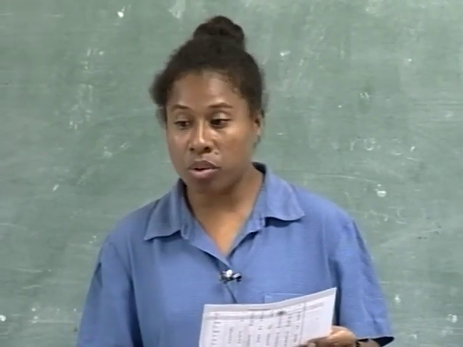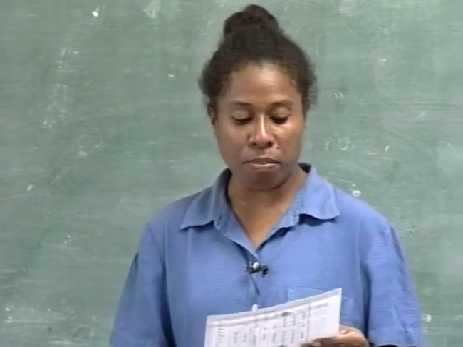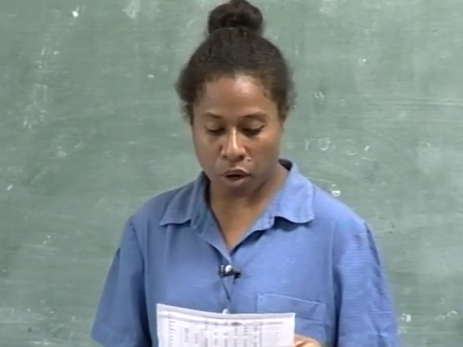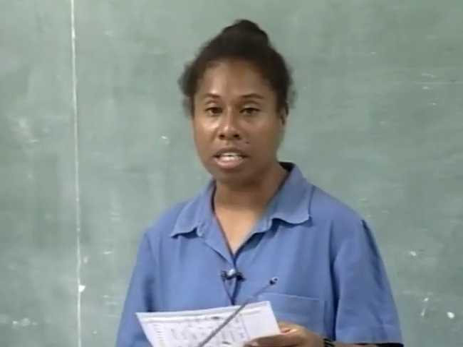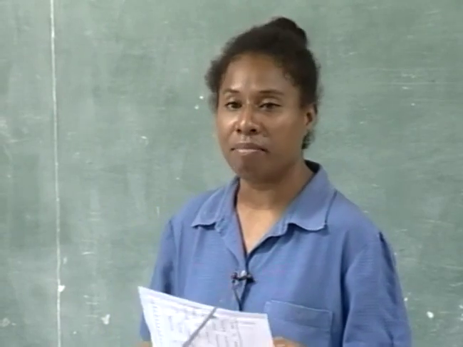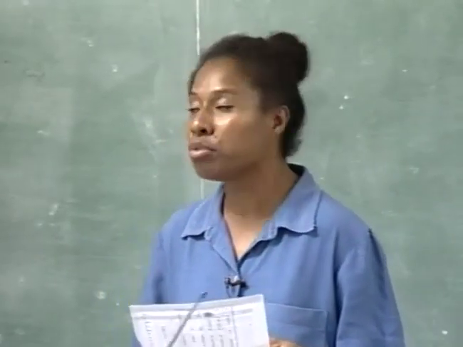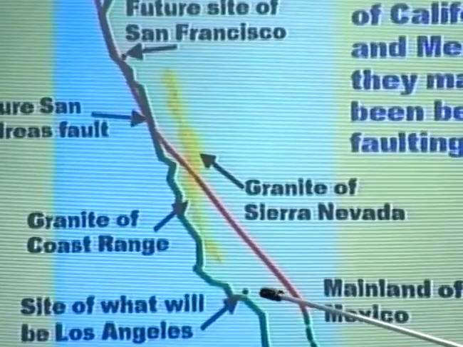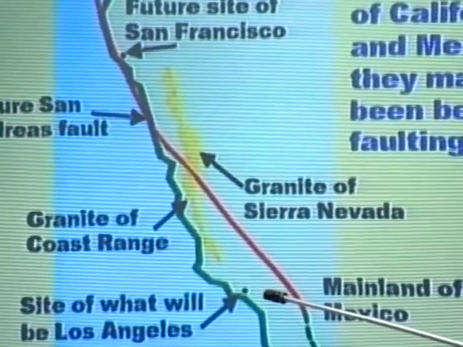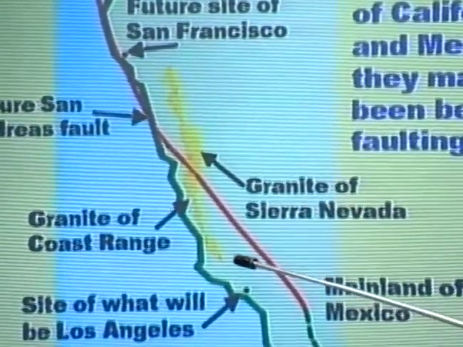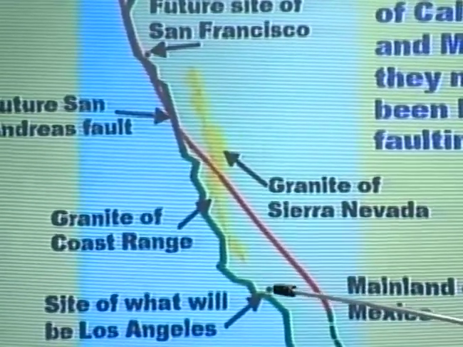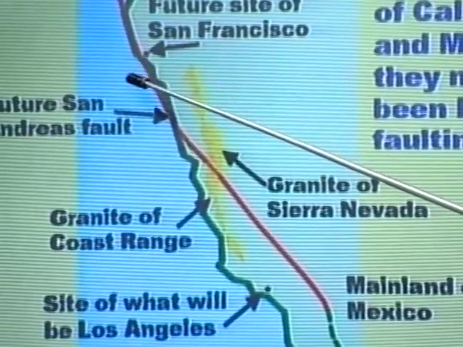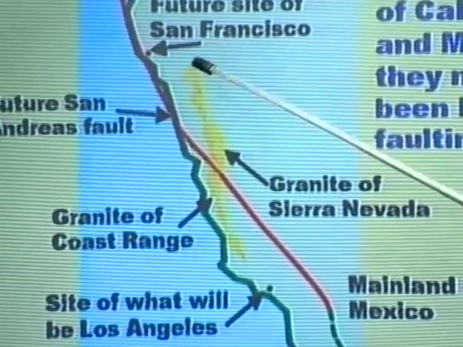It also goes on to tell us that Los Angeles could be a western suburb of San Francisco, or San Francisco an eastern suburb of Los Angeles, in some 25 million years from today. So if the motion is at 2 centimeters per year, 25 million years from today, this particular area here would be a western suburb of San Francisco city itself.